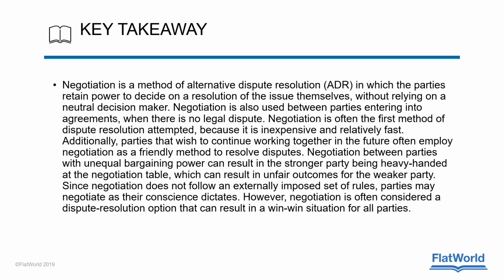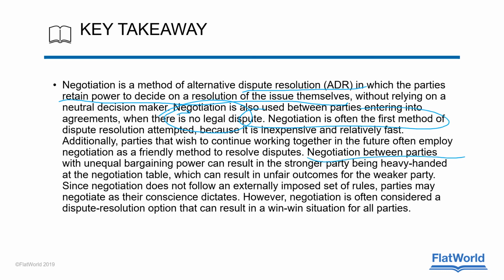So key takeaway here: negotiation is an alternative dispute resolution in which the parties retain power to decide on the resolution of the issue themselves. Sometimes it's used where there's no legal dispute, and it's very often the first method of dispute resolution.